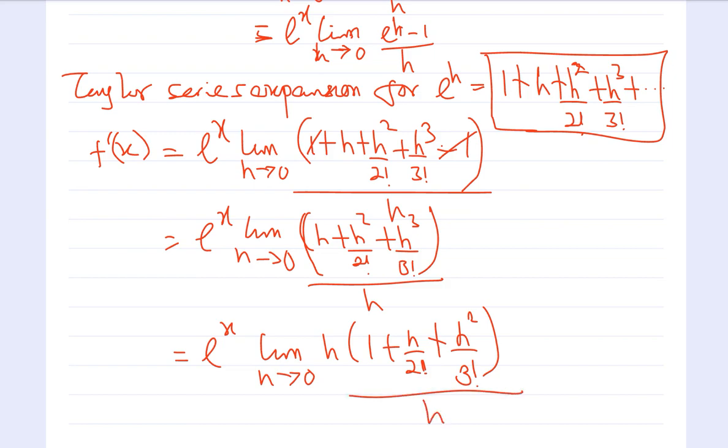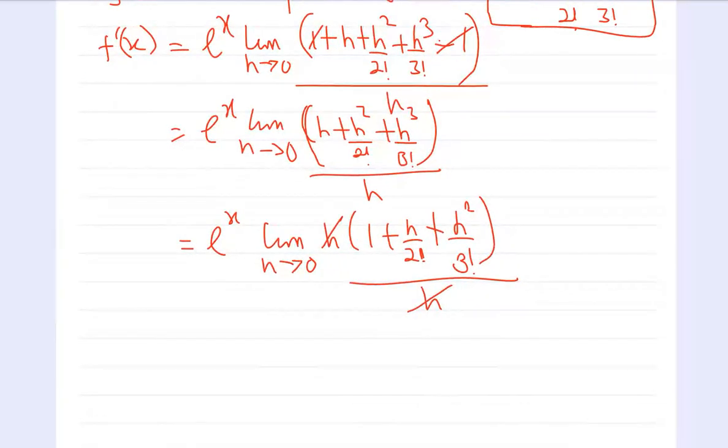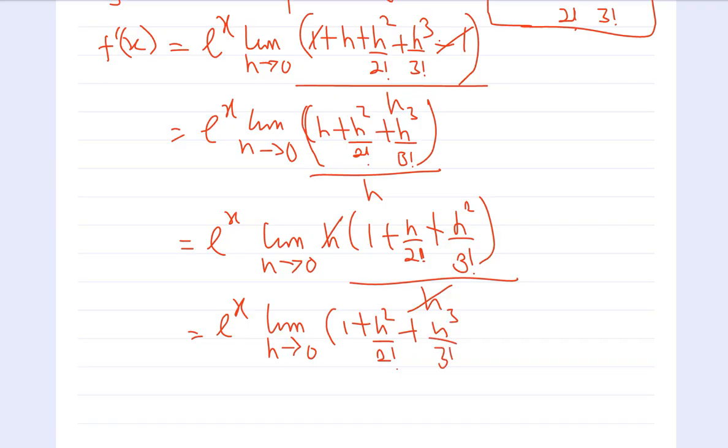The h cancels the h, and we'll be left with exponential x, the limit as h approaches 0 of 1 plus h over 2 factorial plus h squared over 3 factorial plus so on.